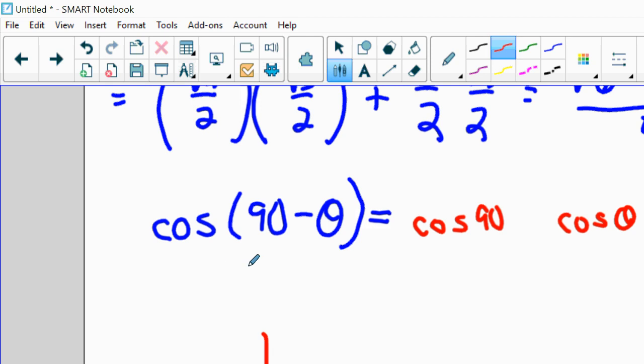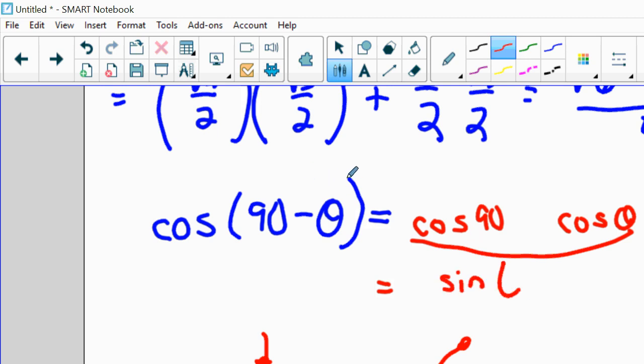Now the cosine graph looks like this. At 90, it's 0. So this term goes away, and sine of 90 is 1. So all this is sine theta.